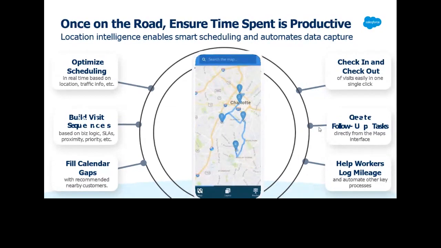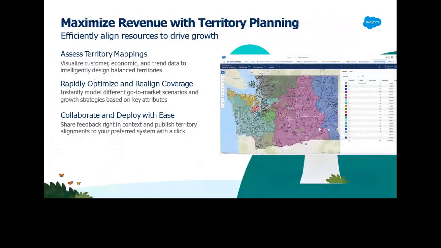You can have workers log mileage of how much they covered in a day or a week or a month, so the amount of miles that they've logged for this particular day or week. And then maximize revenue with territory planning. So territory planning is obviously a very essential and very important part of a sales team, right?